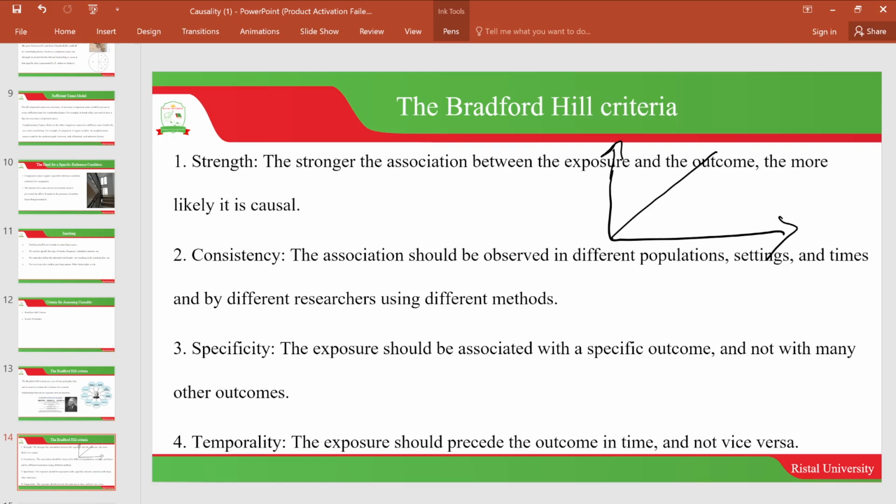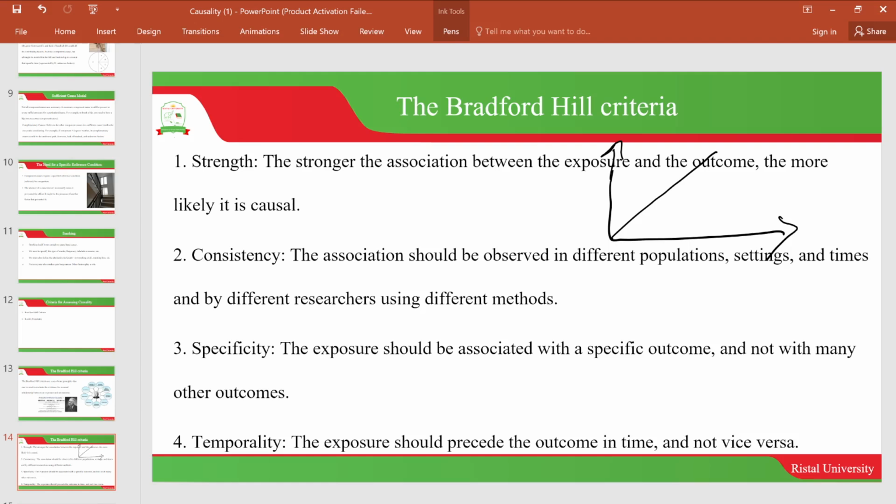If you have such a relationship, then the two are correlating. It is a positive correlation, so the strength of that correlation is what we are talking about. If the more you smoke, the more likely you get cancer, then it means the relationship between the exposure and health outcome is causal in nature.